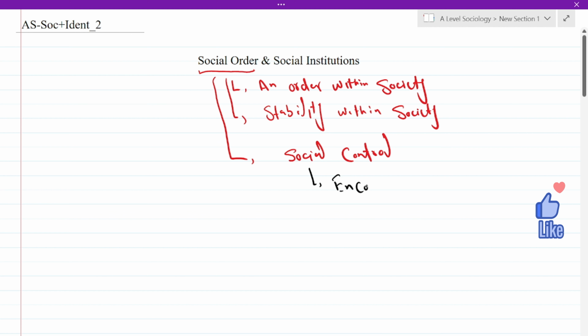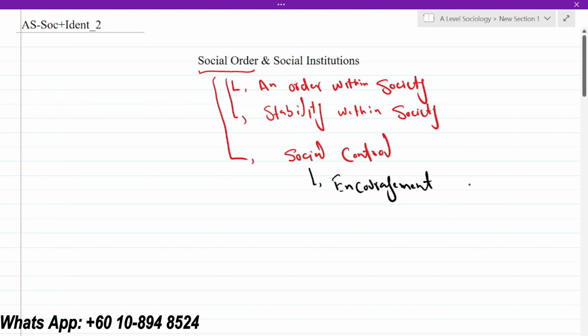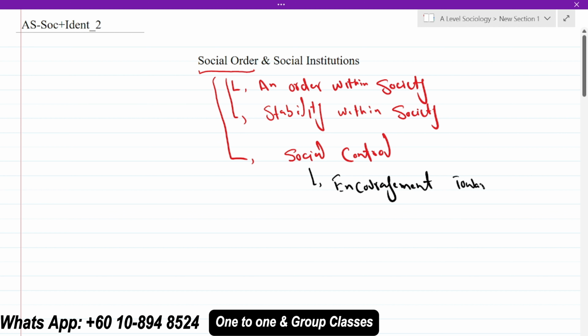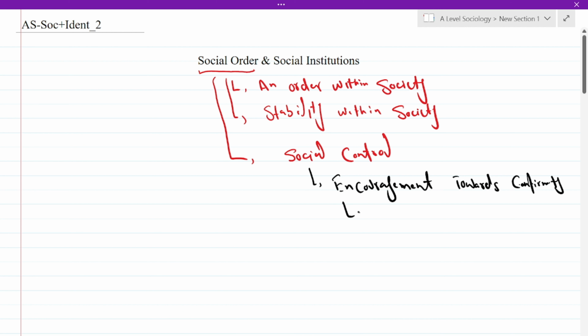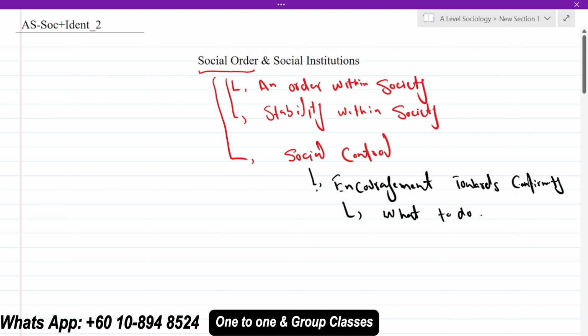That means telling everyone what to do. And on the other hand, another word that we use is non-conformity. It means what not to do.